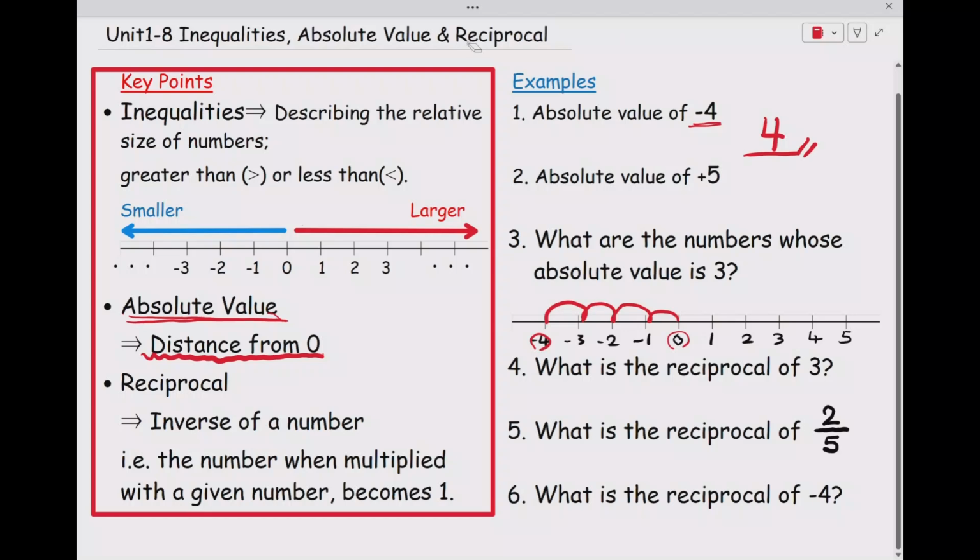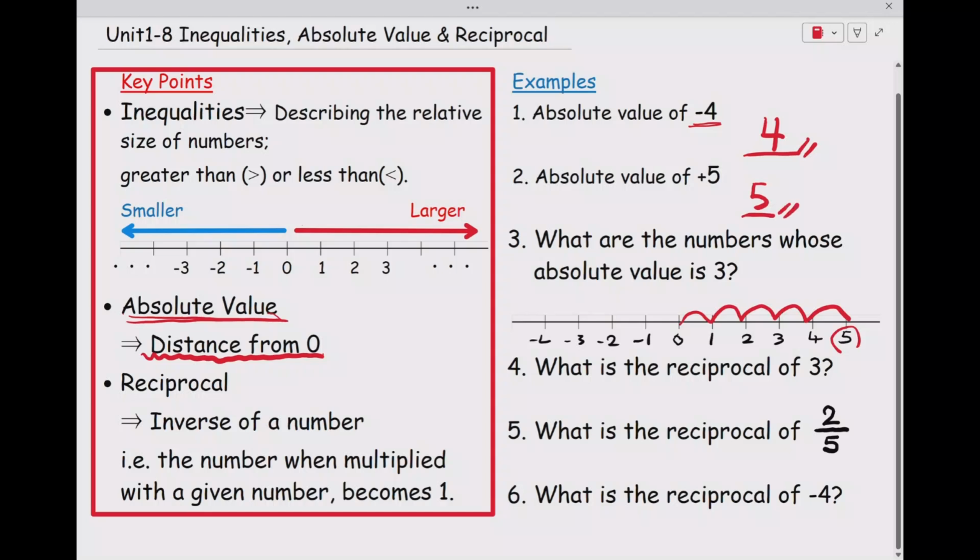Then, what about the absolute value of +5? Since +5 is the point on the number line where the number moves 5 to the right from 0, the distance from 0 is 5. So the absolute value of +5 is 5. Okay.